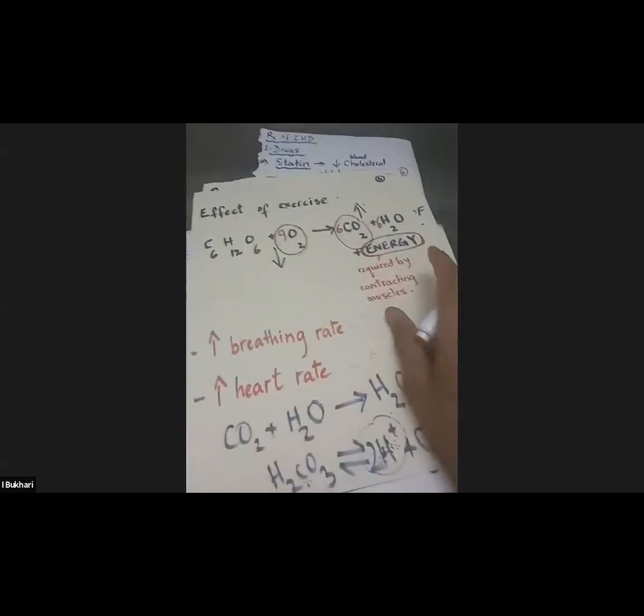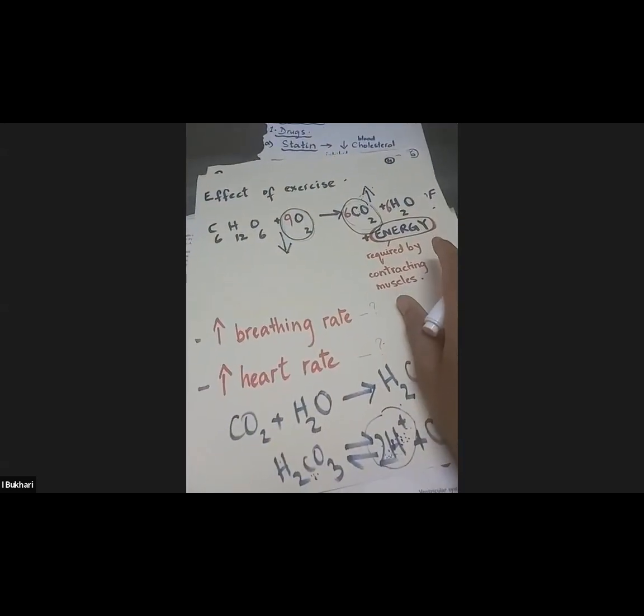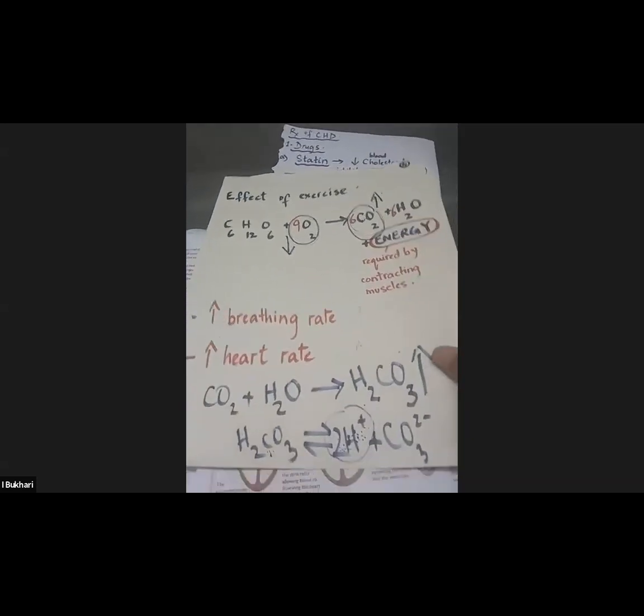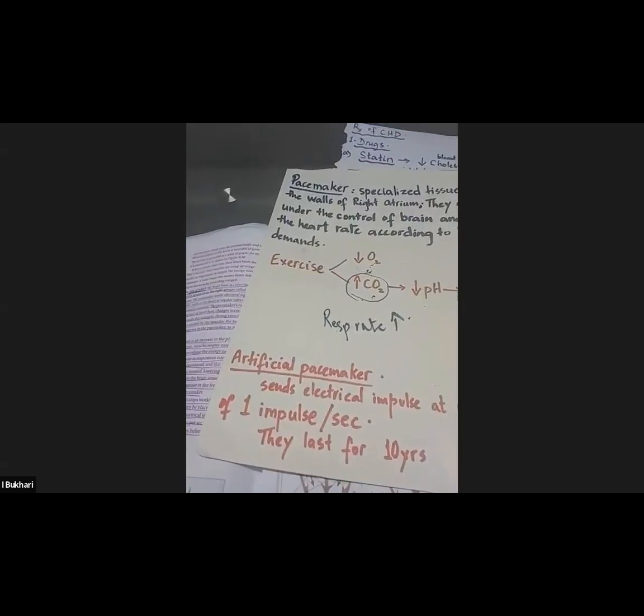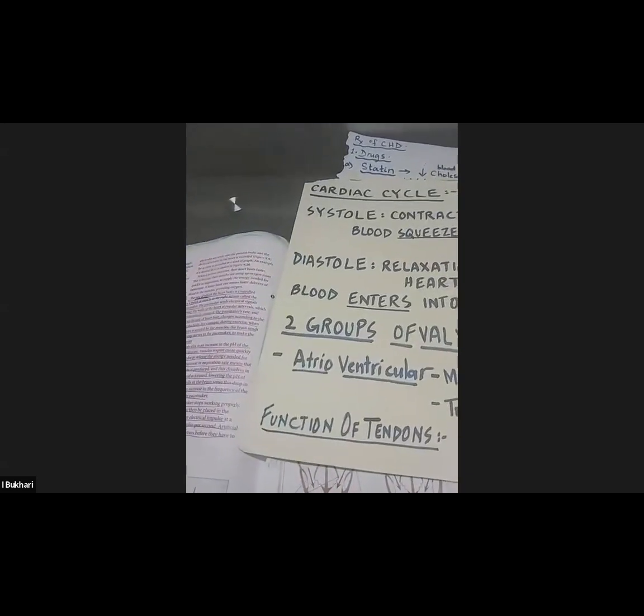Meaning that when the demand of the body increases for oxygen or removal of carbon dioxide, then the pacemaker increases the heart rate and therefore ensures increased blood supply as well as oxygen supply to the cells. That is all a pacemaker is about. So it is a specialized tissue in the walls of the right atrium.